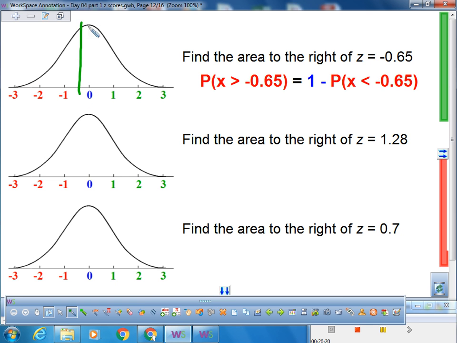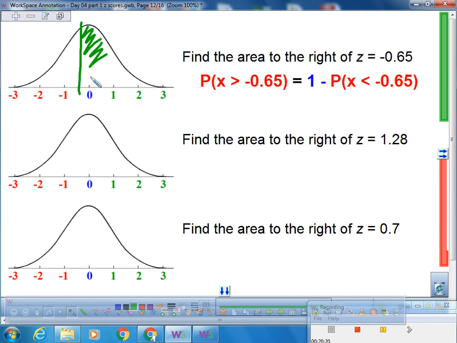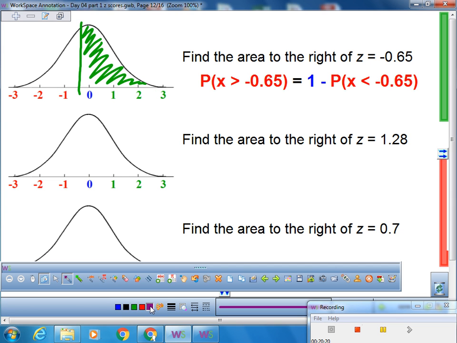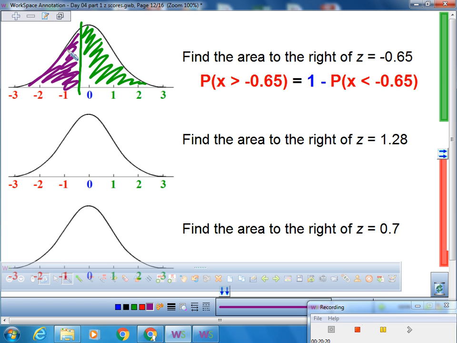I want to find this area. But my z table is going to give me this area. When I put in negative 0.65, I'm going to get this area. I want this area, so I'm just going to take 1 and subtract whatever this area is. So if you want to find anything to the right, you're going to have to take 1 and subtract the left area.